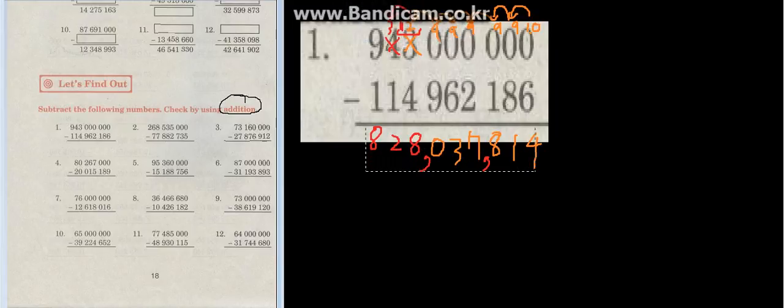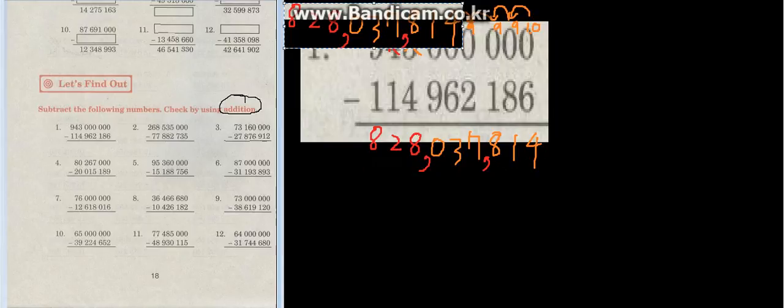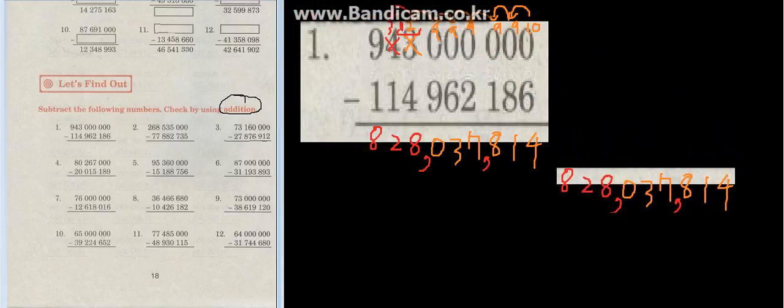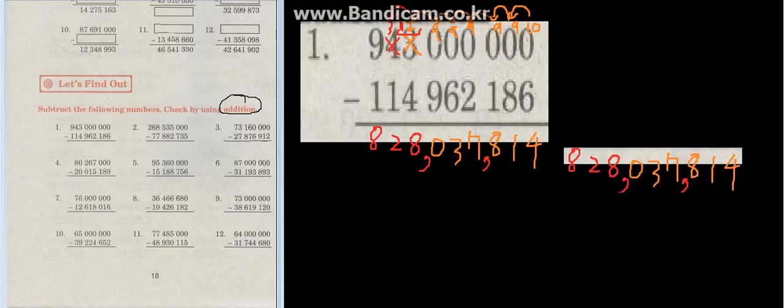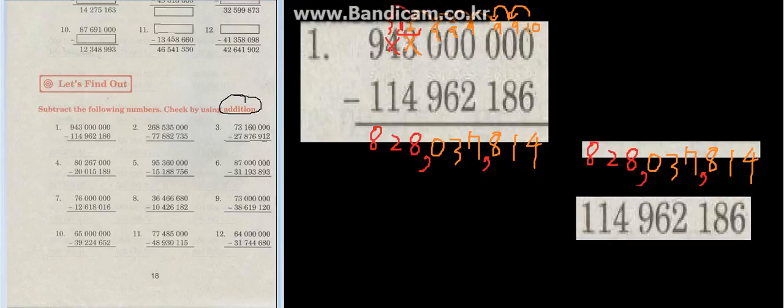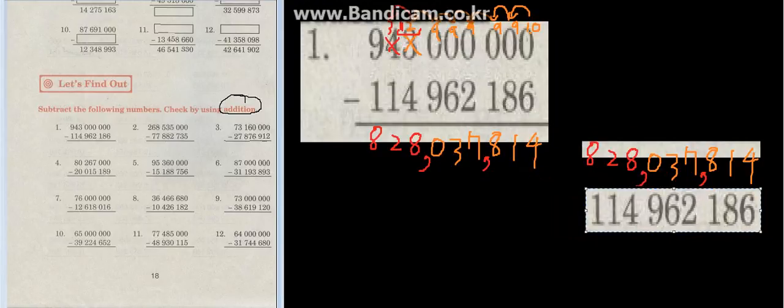And we are going to check if my answer is correct. So what I'm going to do is copy this value and put it here. And I'm going to copy the subtrahend value and add these two numbers. Do you remember?